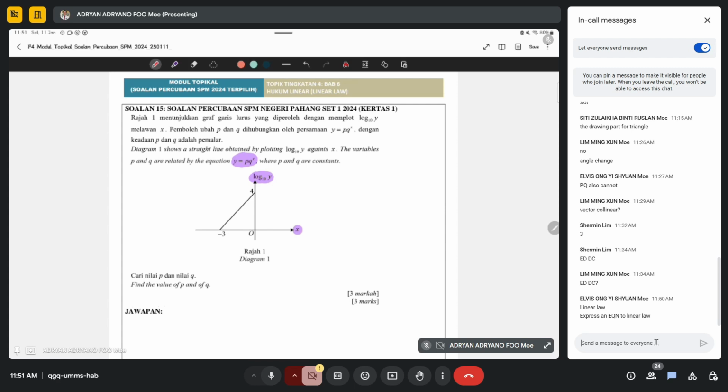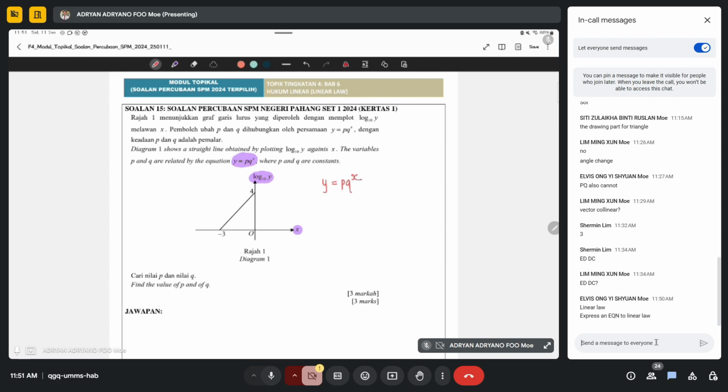Linear law gives you free marks. Why? Because it gives you this graph, it will always give you a graph. If it asks you to find the variable, and you don't have a graph, how do you change it? You don't have any information. So linear law is easy because they always give you a graph, or they give it in the question. You just follow it and change accordingly. Let's say here, y equals PQ power x.